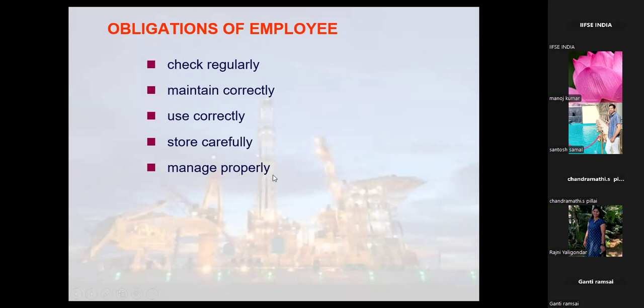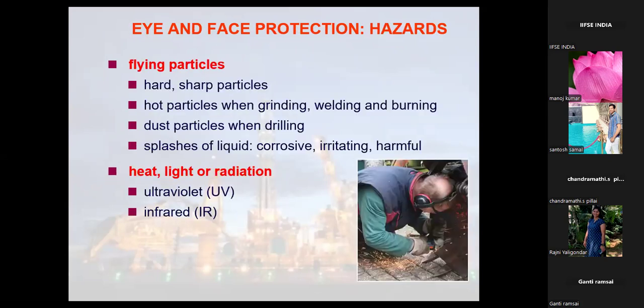Now, at most of the construction sites, if you see, you have a behavior of the workforce that, if a new lot of PPEs comes into the stores, they just go and get it issued. And if there is a new stock, they'll throw away even a very good PPE to get the new stock. So all such things have to be managed properly.